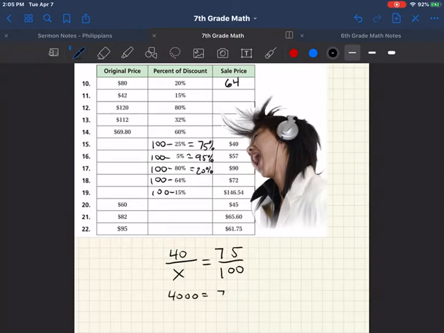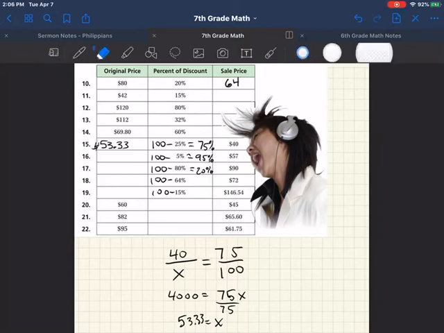So I get 4,000 is equal to 75x. Divide both sides by 75. Get our calculator, divided by 75. And so x is equal to 53.33. And that was the original price.